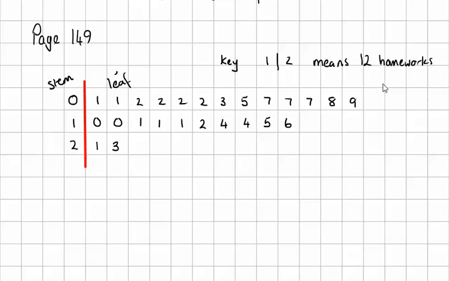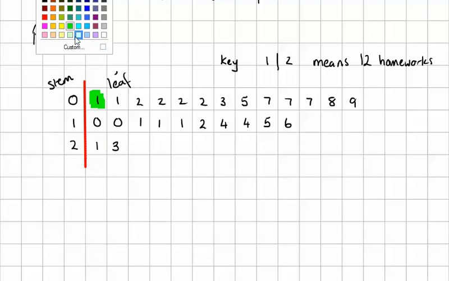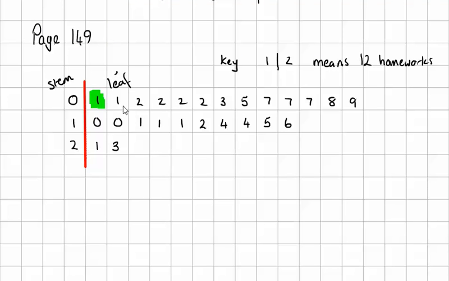Now, this number here, if I highlight it, is a 1. But it means 1 because it's 0, 1. This number also looks like a 1, but it's not a 1.